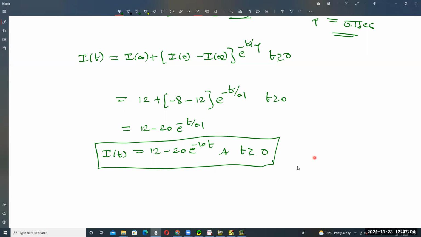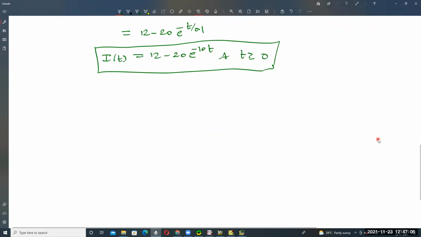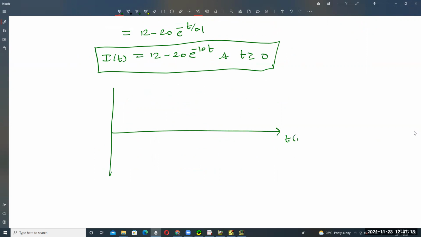So what is the response? When we execute this experiment in PSpice, we get this type of response. This is time in milliseconds, and this is 0 amps, and this is I of t.